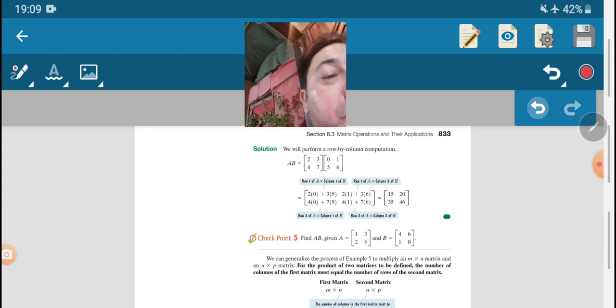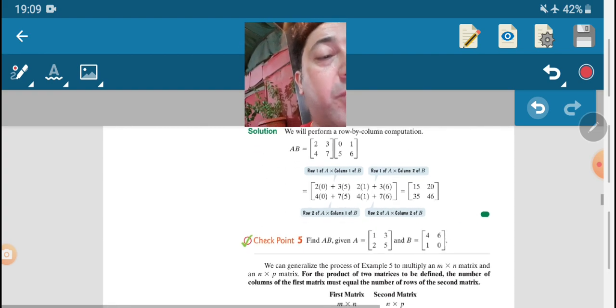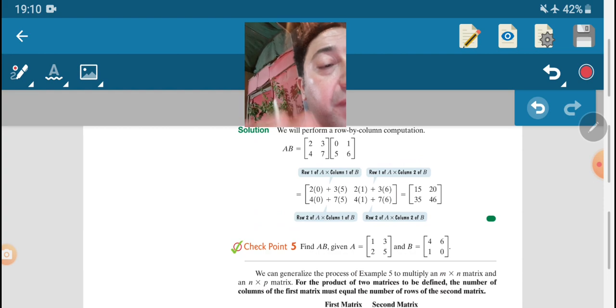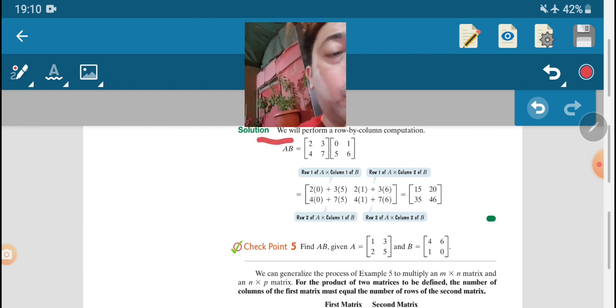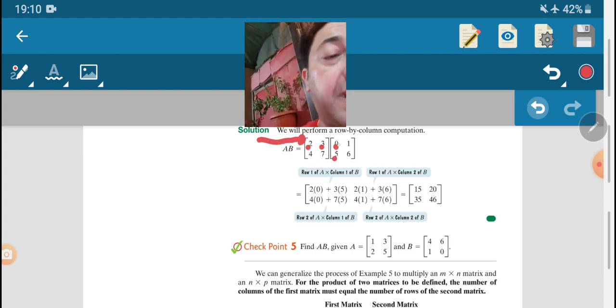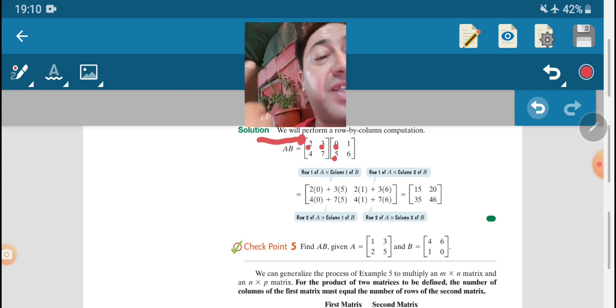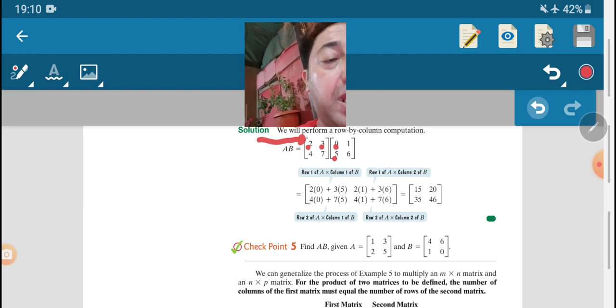We will perform a row by column computation. We multiply the first row into the first column: 2 by 0 plus 3 by 5. This is the first element in the resultant matrix. 2 by 0 is 0, 3 by 5 is 15, and 15 plus 0 is 15.